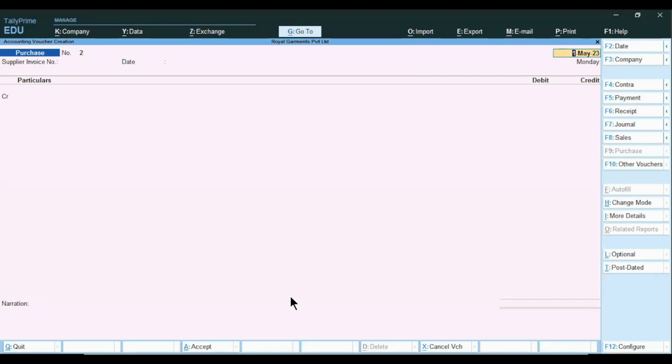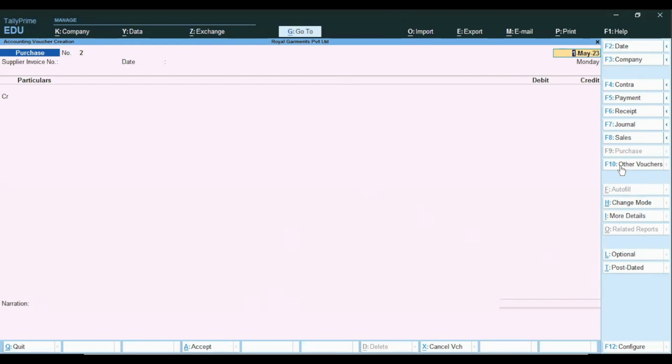You can either press Alt F5 from your keyboard, as we don't have the debit note in the list over here. We can either press Alt F5 from the keyboard directly to open debit note voucher, or here we have the F10, that is other vouchers. If apart from these vouchers you want to enter the entries of other specific vouchers, we can open them through F10.